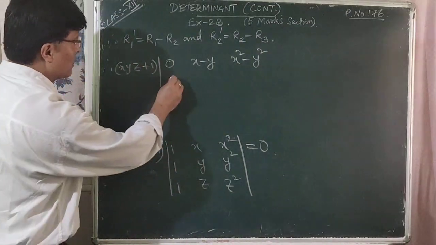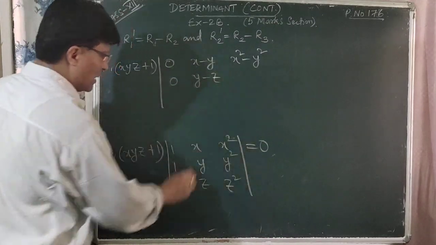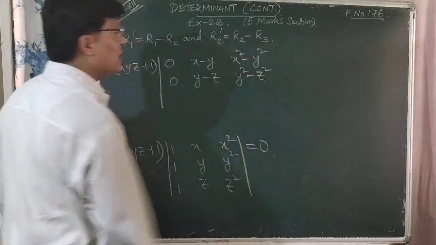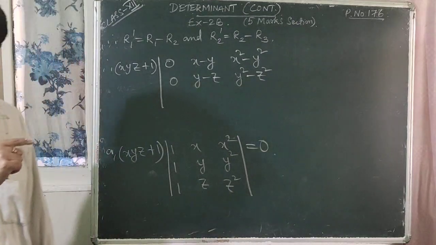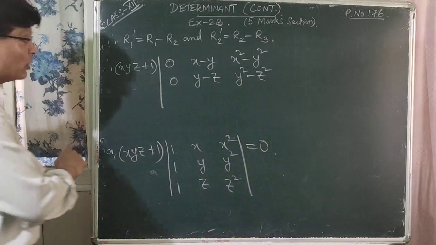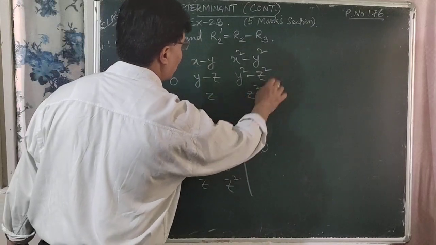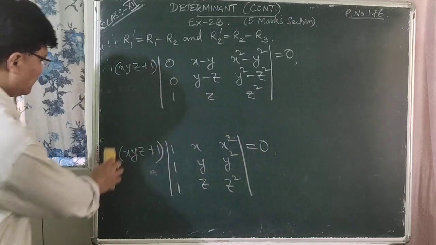R2 minus R3: 1 minus 1, 0, y minus z, and y square minus z square. That means the first row and the second row are changing, new first row and new second row. Now the third row remains the same: 1, z, z square, which is equal to 0. Okay.